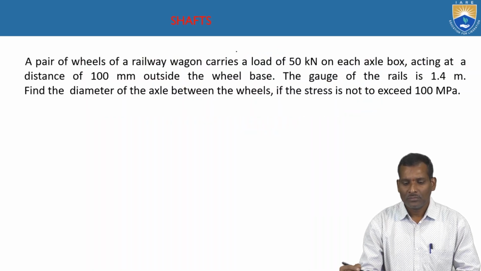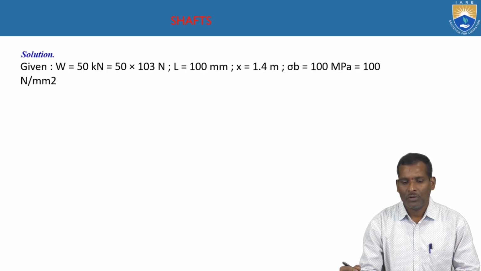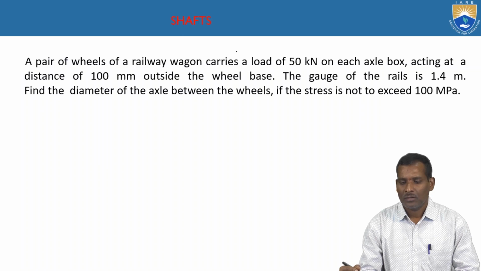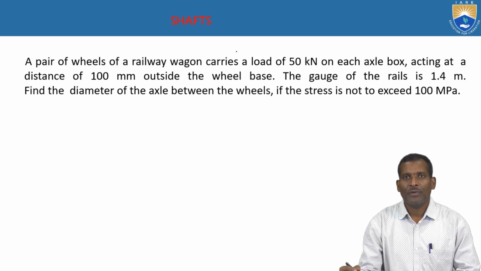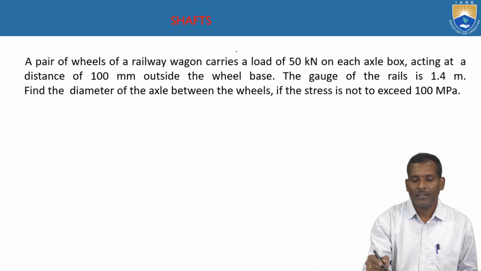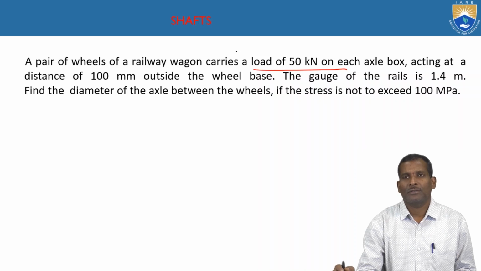So now we'll see one problem. A pair of wheels of a railway wagon carries a load of 50 kilonewtons on each axle box, acting at a distance of 100 mm outside the wheelbase.